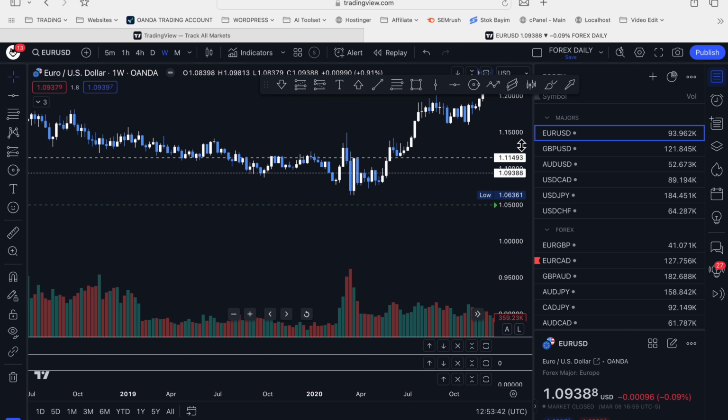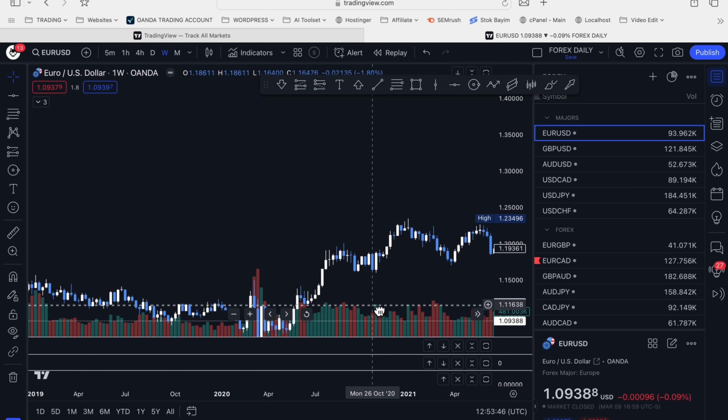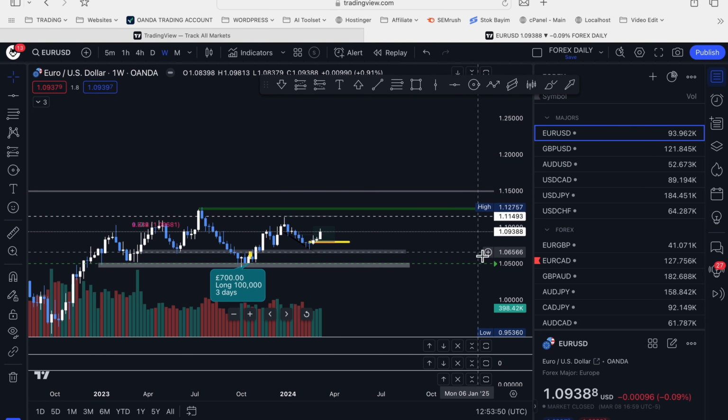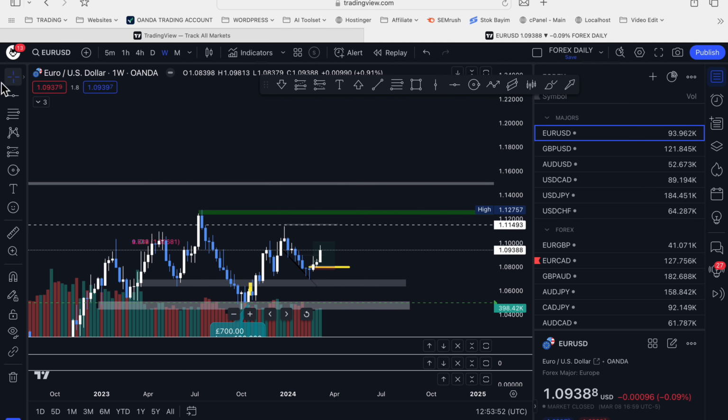Currencies are fractal. The euro could not go to 2, it really couldn't, because it would really affect these economies of Europe and the US. So they need to be balanced, and that's why they're fractal.